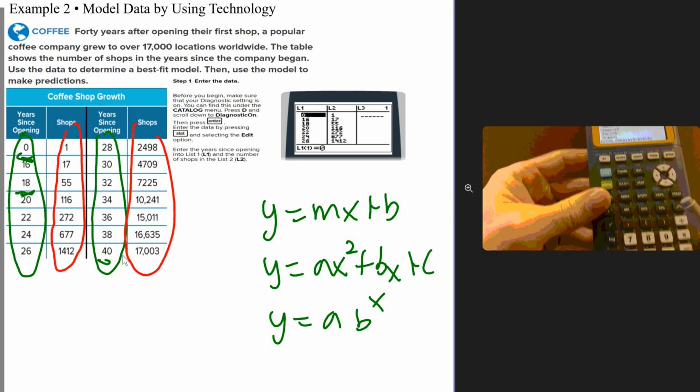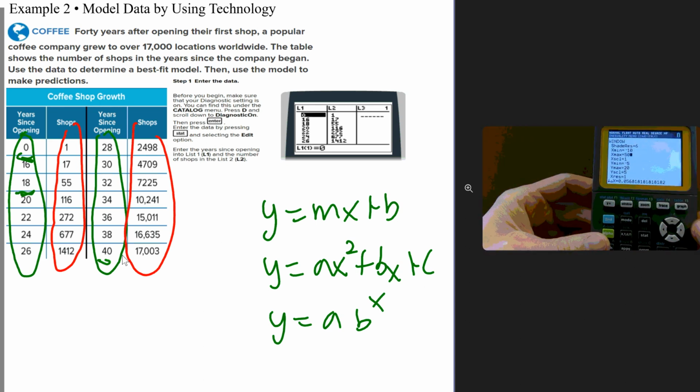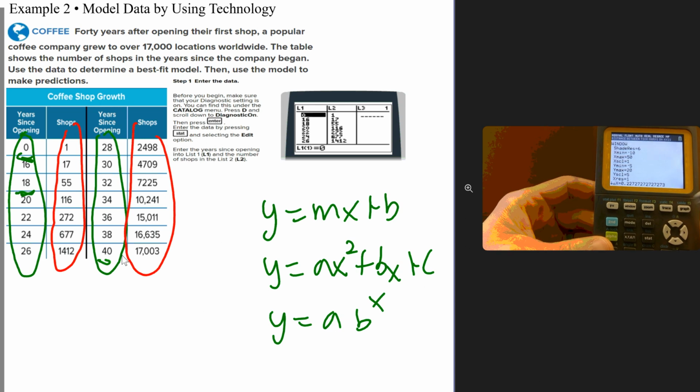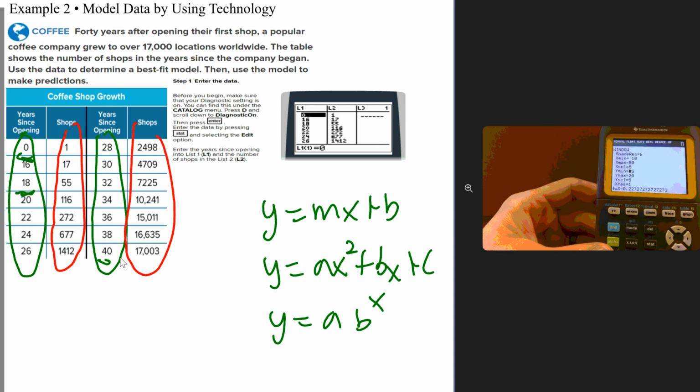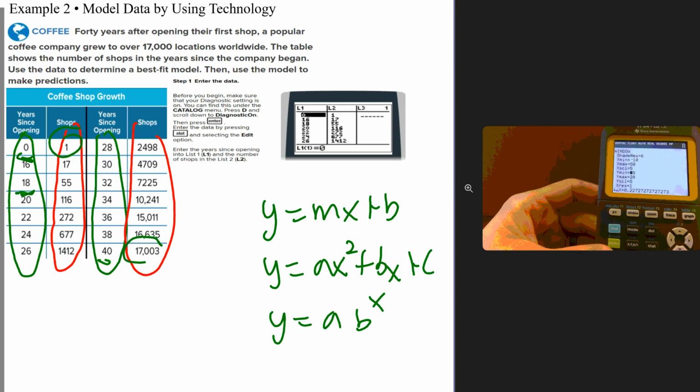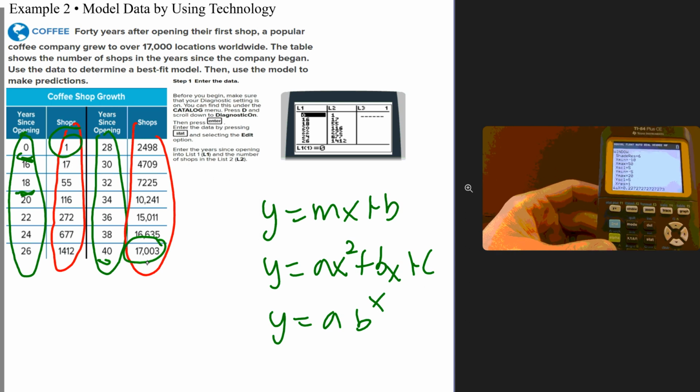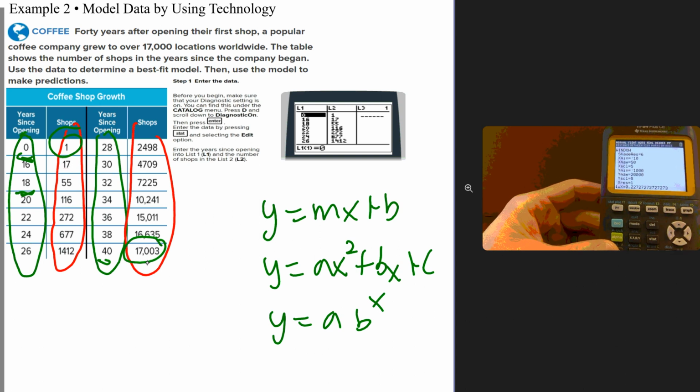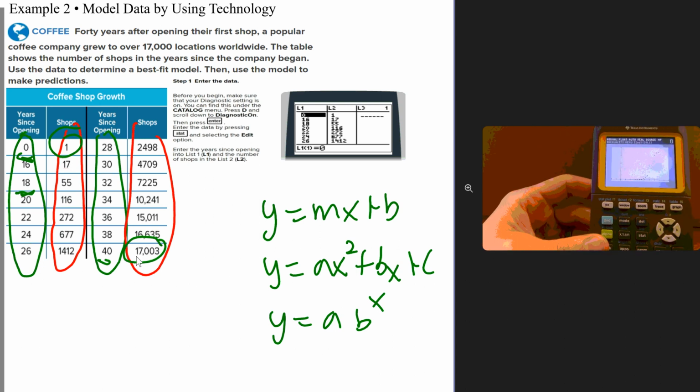And for the scale, maybe I want to scale by 5s. Then I notice my Y values go from 1 all the way to 17,000, so maybe I should start at -1,000 and go to 20,000, and count by 5,000s. 5,000's fine. Now when I hit graph, I can see that data on there.